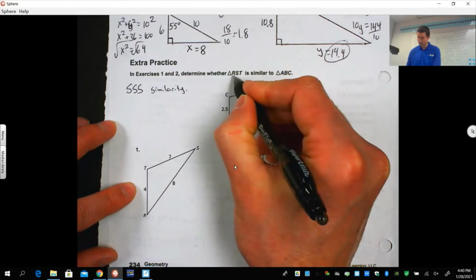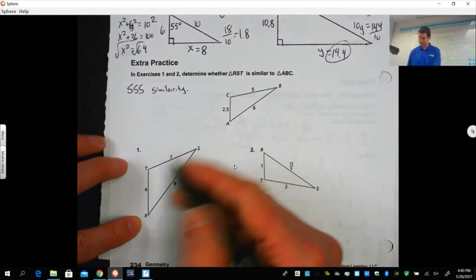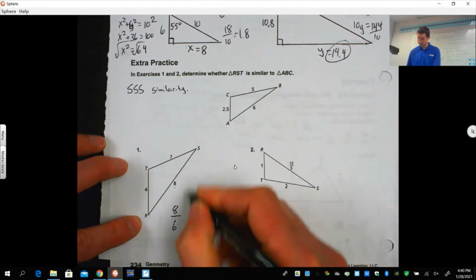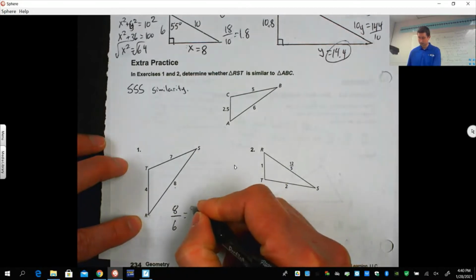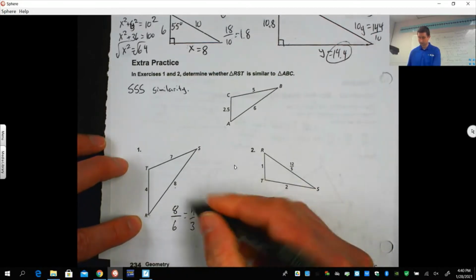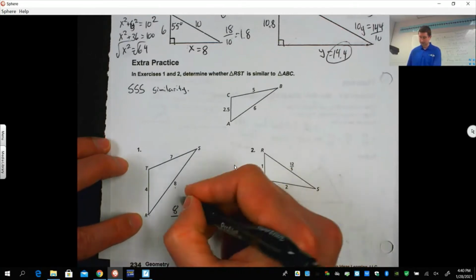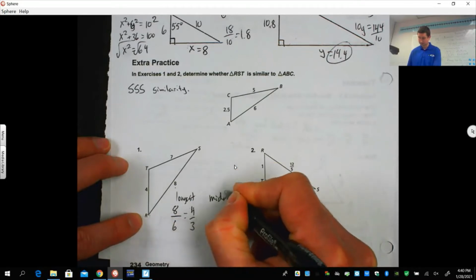So RST, if I go RS, that is the 8, that's the longest side. So I'm going to say 8 over, the longest side here is 6. So 8 over 6 reduces down to 4/3. Okay, so there's our starting point. Let's check the middle sides.